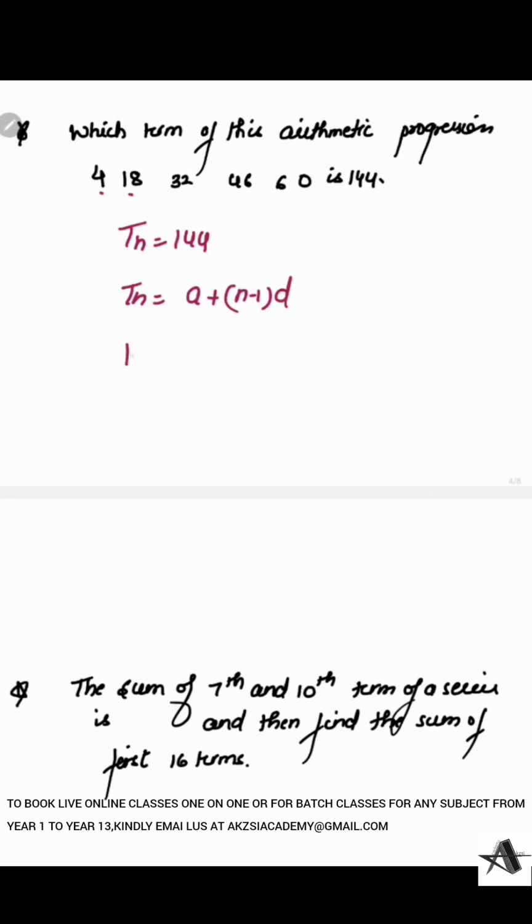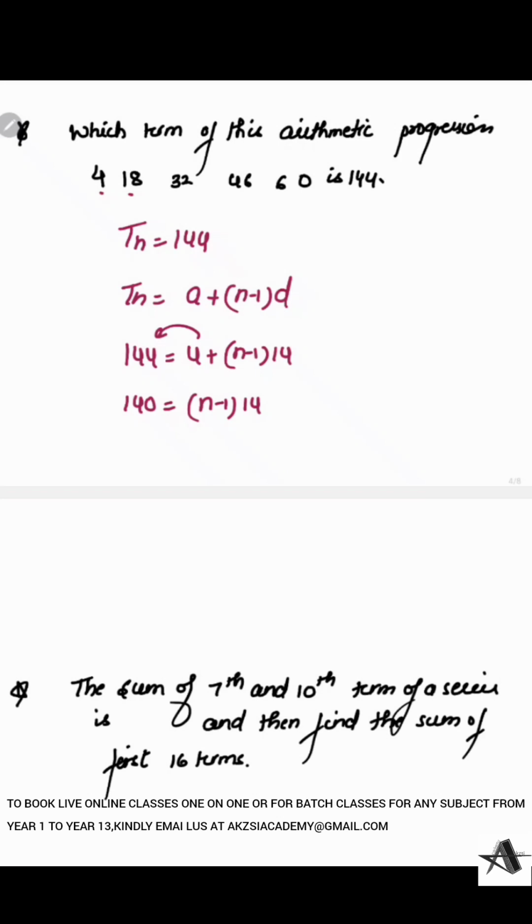So 144 is equal to the nth term. First is 4, plus n minus 1 times the common difference, 14. Bringing it here, this will become 140 is equal to (n minus 1) times 14.